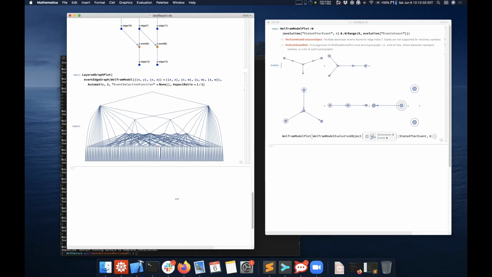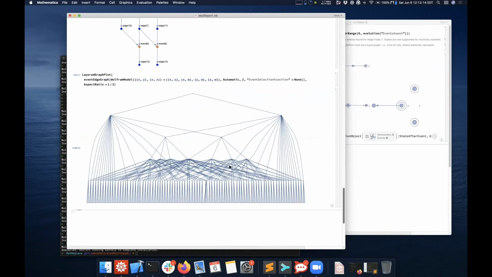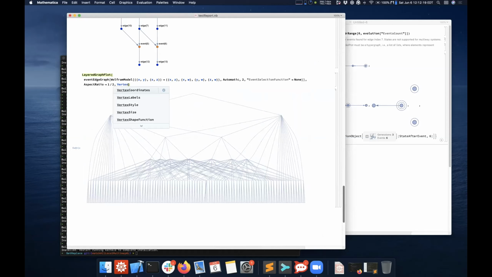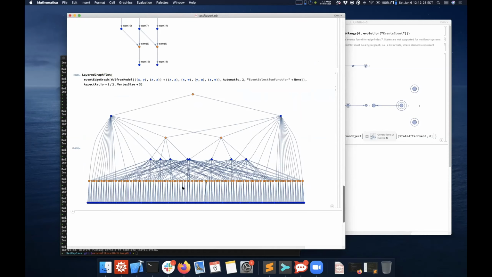So each successive level shows either events or edges, right? Well, I'm not sure, because it's not a correct layering necessarily. I see. We need to make them larger so you can see something. Three. Okay, so in fact it did do that. Yeah.